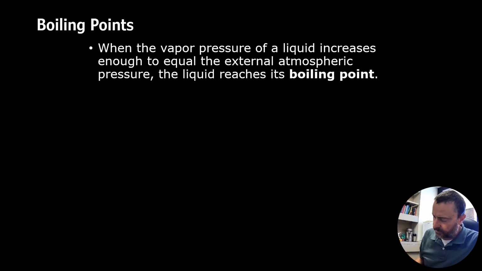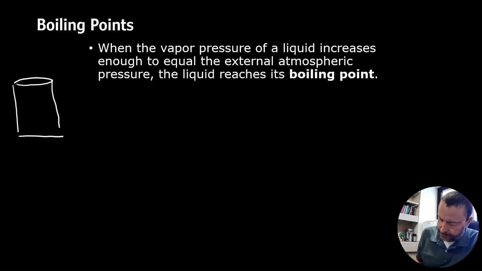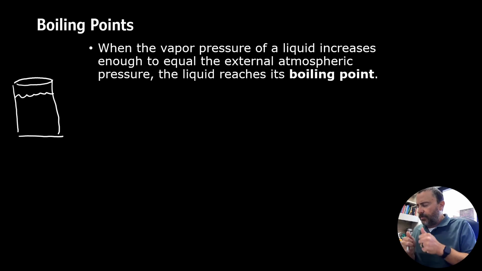Okay, so if you've got water at room temperature, there is a vapor pressure associated with it. So the liquid water has some molecules that are hopping up into the vapor phase a little bit. And so there's some sort of a pressure going up there, and that's called the vapor pressure.